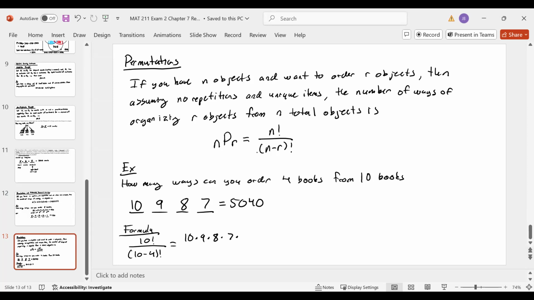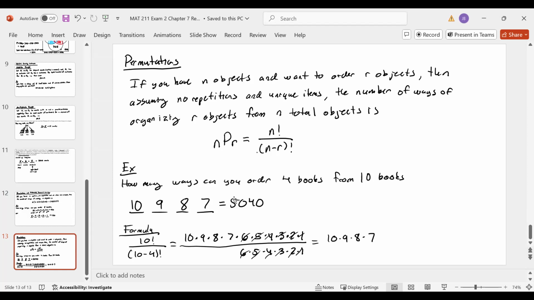And then this is 6 factorial, so 6 times 5 times 4 times 3 times 2 times 1. Well, these all just cancel each other out. And what are you left with? 10 times 9 times 8 times 7, which is what we have right above, right? So that's what the formula is doing. It's just cutting out what you don't need. I don't need all 10 books to be organized. I just need the first 4. So how many options do I have for the first 4? I have 10, then 9, then 8, then 7.